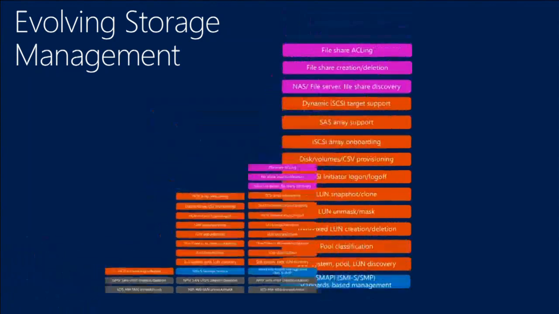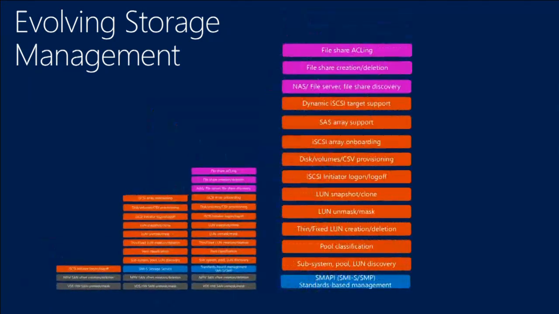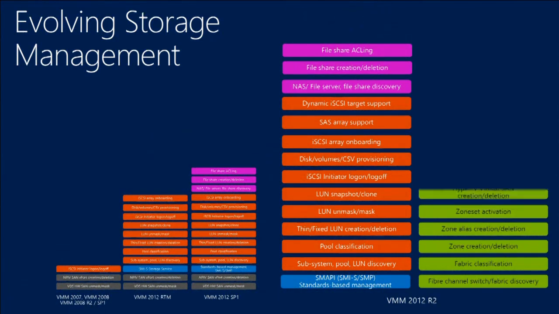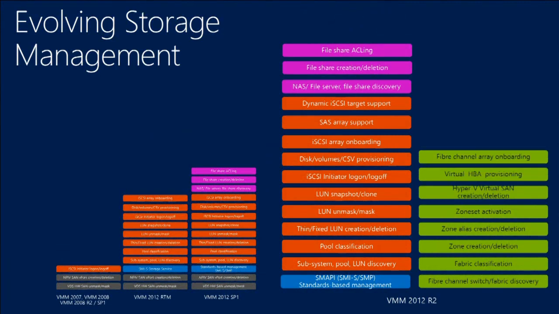So if you take those set of investments in 2012 up to 2012 SP1, if you look at R2, we've kept those investments. We've added all of the fiber channel management, and that, like I mentioned before, all the way from the discovery of the physical fiber channel fabrics, all the way up to zoning and adding members for VM guest clusters.